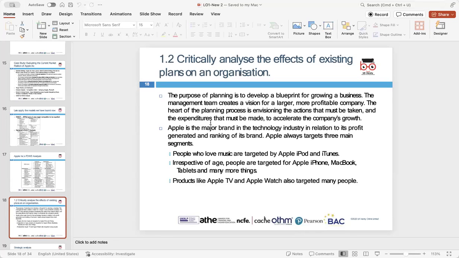So music lovers through products like the iPod and services such as iTunes, general customers, including all age groups, with products such as the iPhone, MacBook, or iPad, and then technology users through offerings like Apple TV, Apple Watch, appealing to a broad audience.